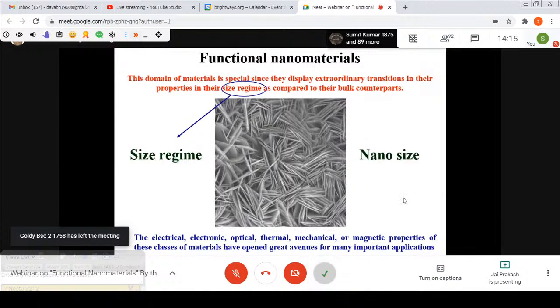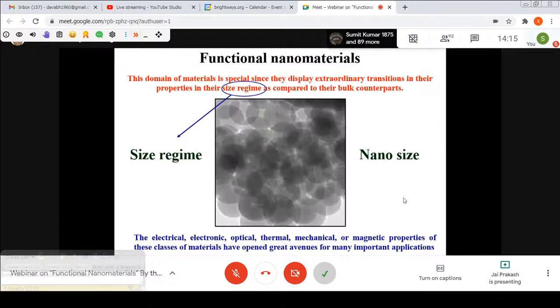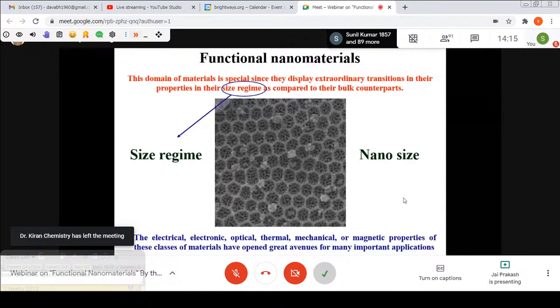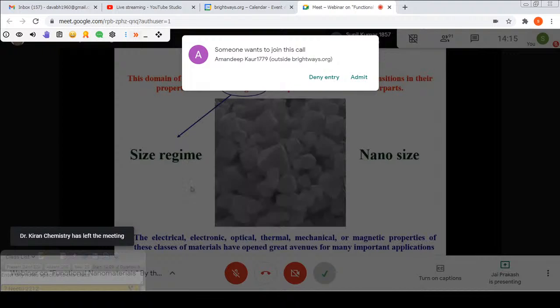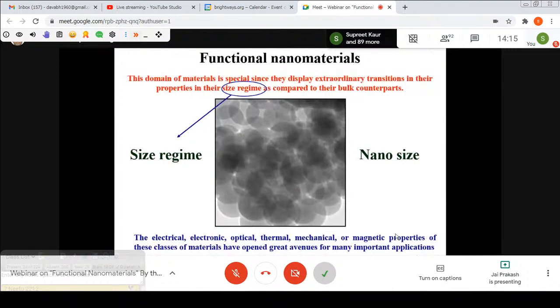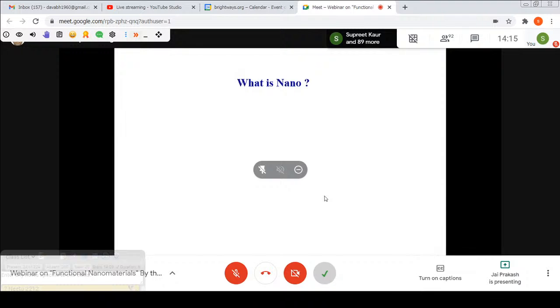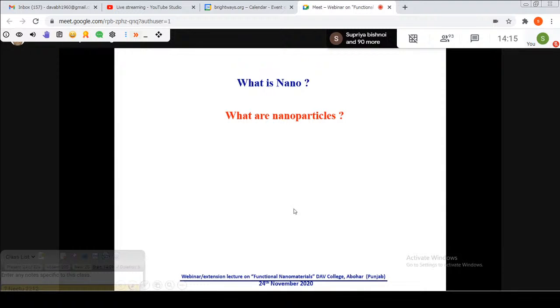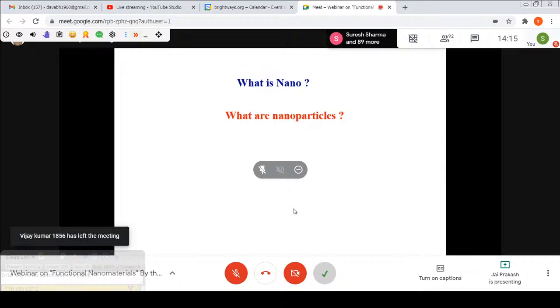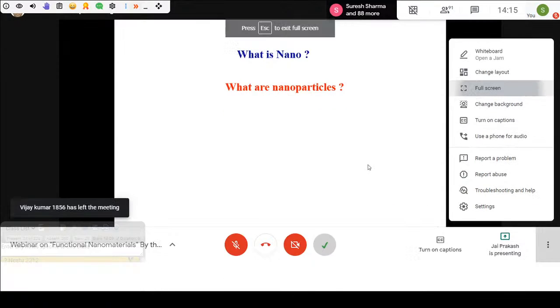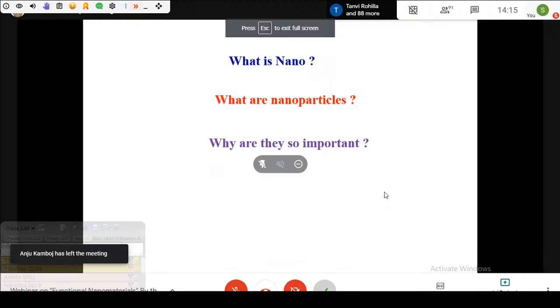And at this size, what are the properties? Why are the properties enhanced? All these different kinds of properties which are mentioned here. So we have to understand what is nano, or we have read many times nanoparticles. So what is called nanoparticles?